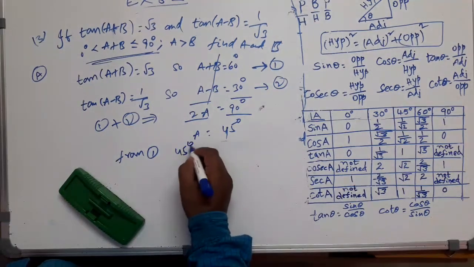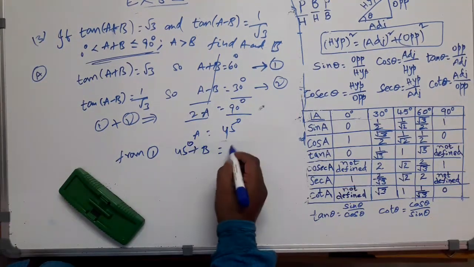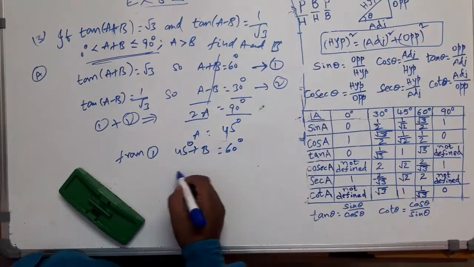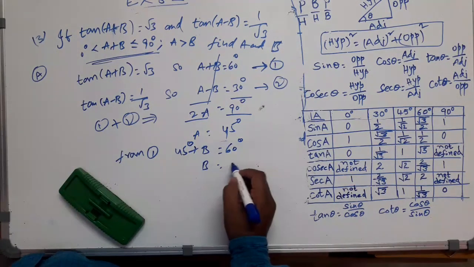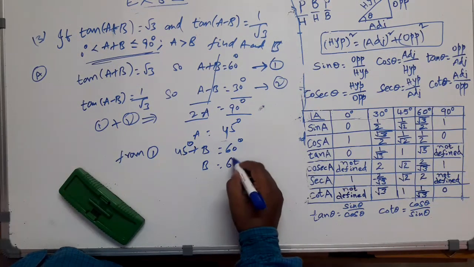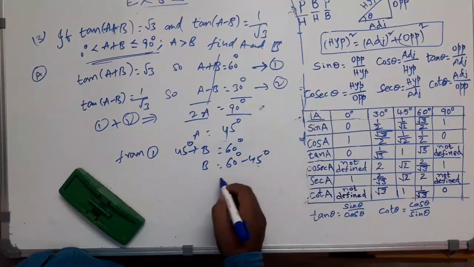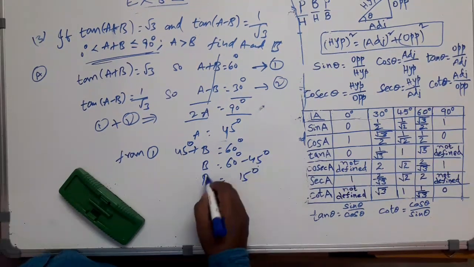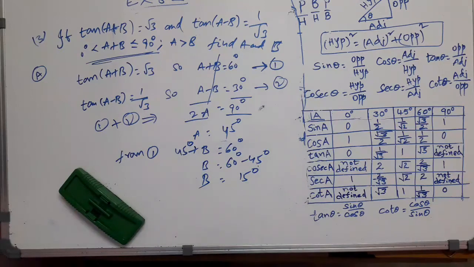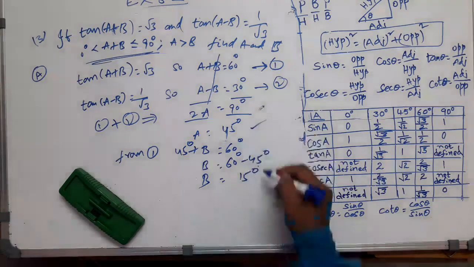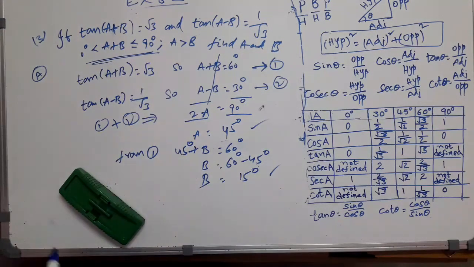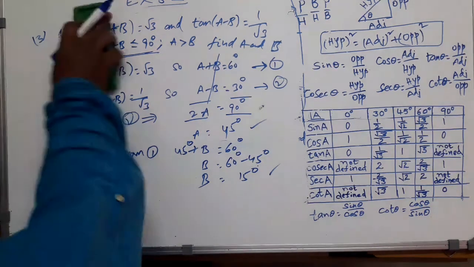A is 45 degrees, plus B is equal to 60 degrees. So B is 60 degrees minus 45 degrees on transposing. So it will give you 15 degrees as the value of B. Right? So 45 degrees and 15 degrees are the values of the angles A and B. And this is question number 3. Let us see the next question.